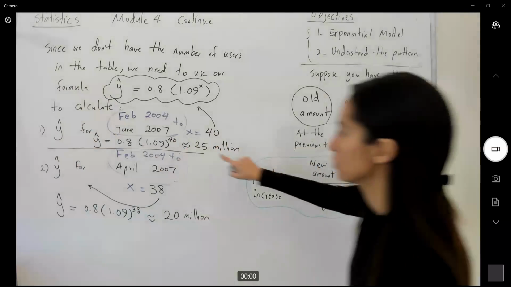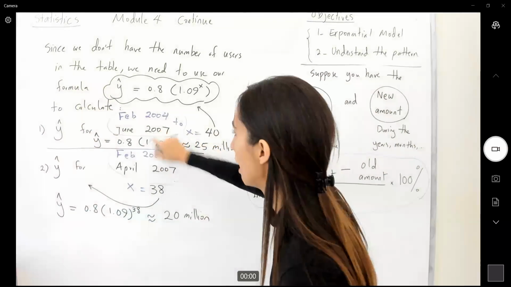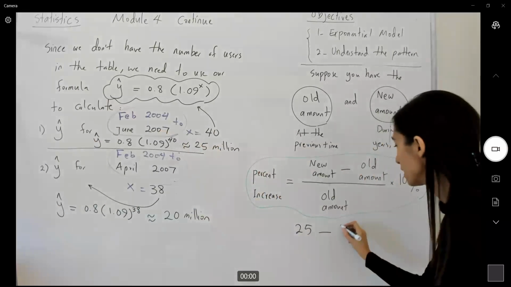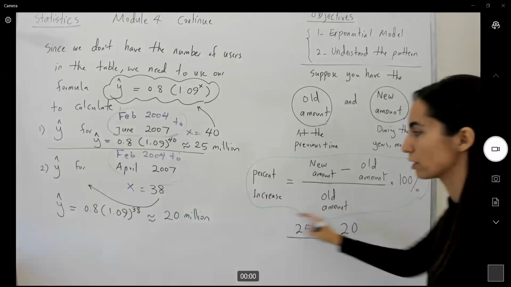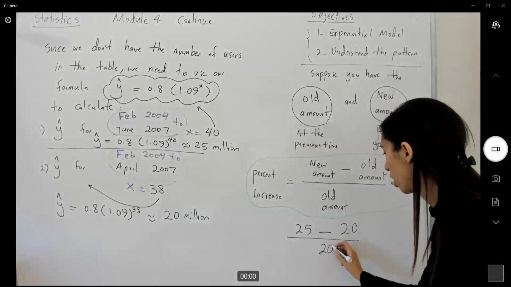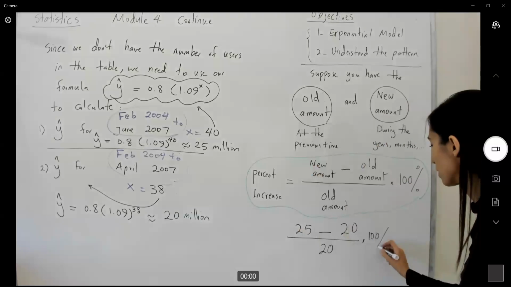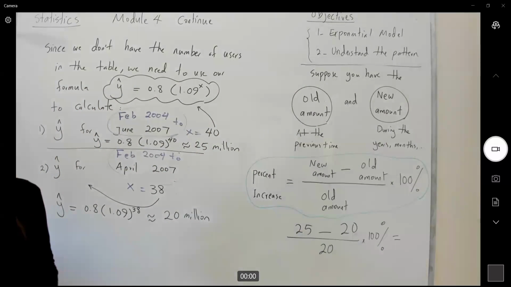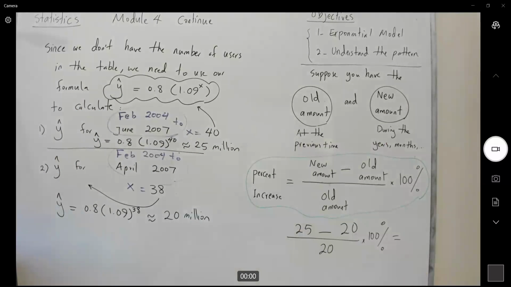So new amount, this is your new amount because you have June, you get 25 million minus 20 million divided by the old amount, which is 20 million, times 100%, which is equal to, what's the percent increase?